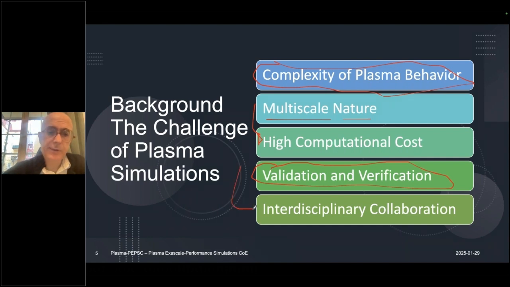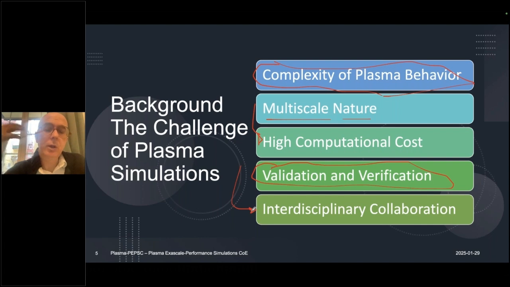And last but not least, plasma simulation today requires a wide range of interdisciplinary collaboration, going from computer science, high performance computing, parallel computing, computational plasma physics, including modeling techniques.